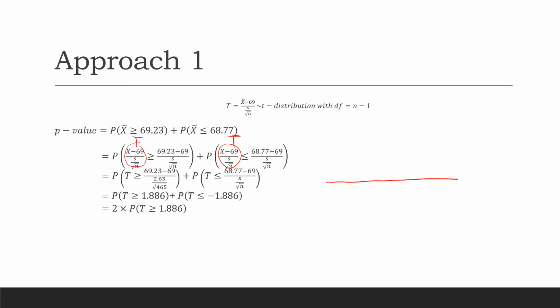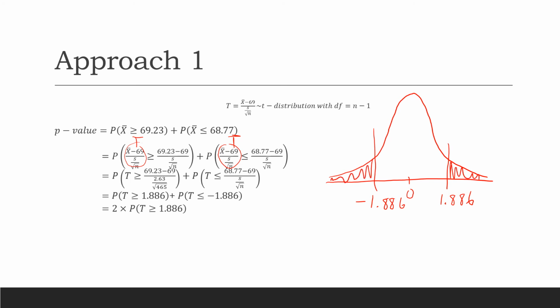Because our t-distribution is symmetric around 0, if I look at the area above 1.866 and the area below negative 1.866, these two areas should be equal.